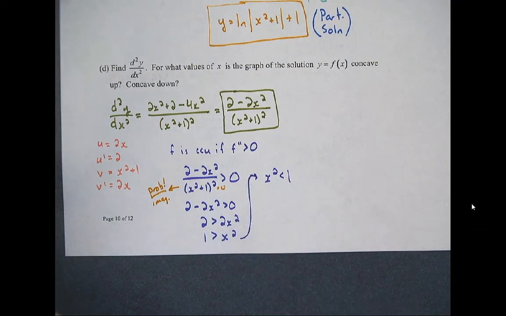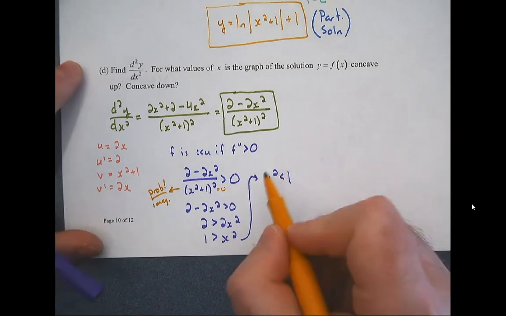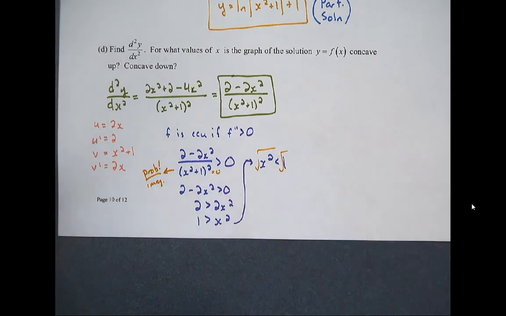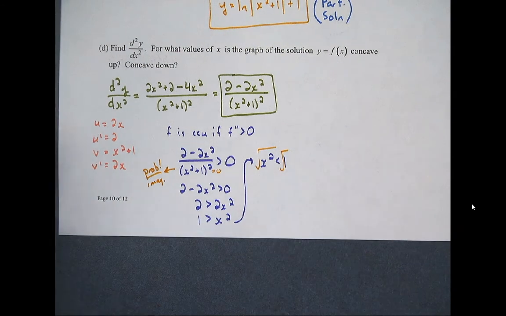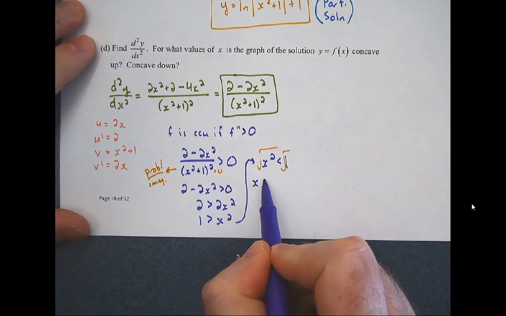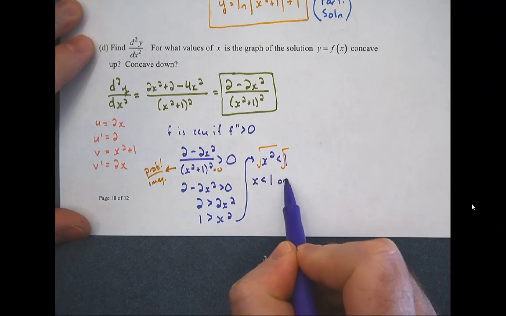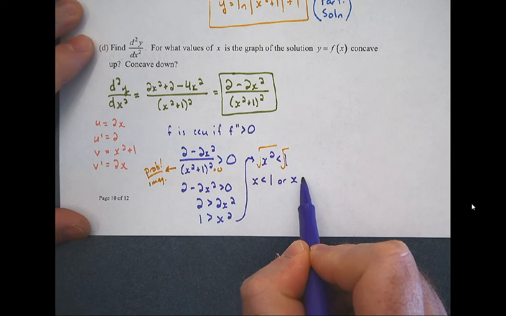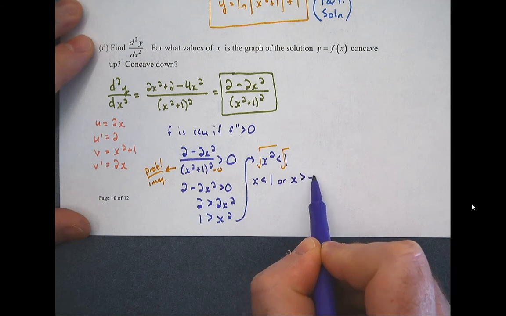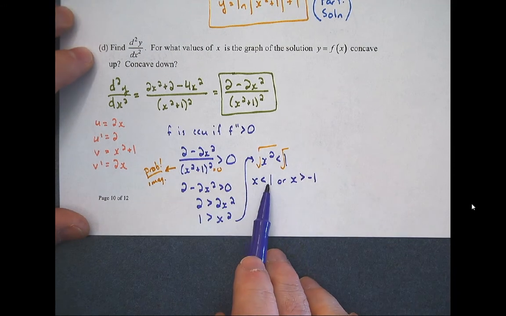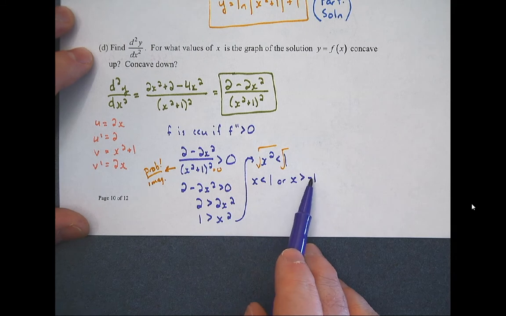Now, what would you do to both sides to get x by itself? Obviously, you would square root, but that would cause a plus or minus, which that inequality needs to take into account. So when I square root with a positive, the inequality isn't going to switch around. When I square root with a negative, it is going to switch around. So x is less than 1 or x is greater than negative 1.